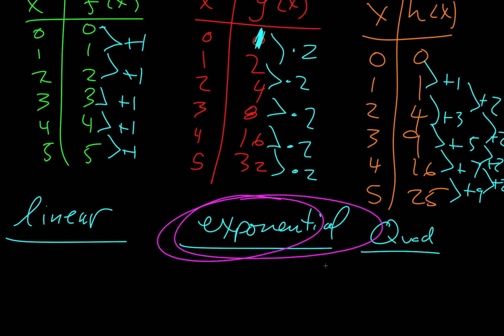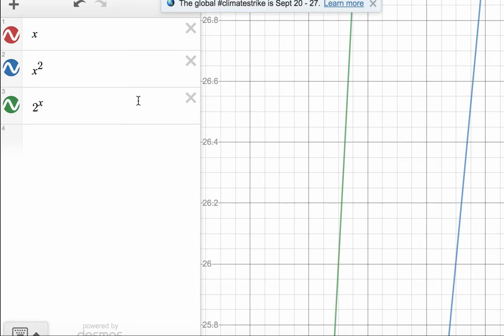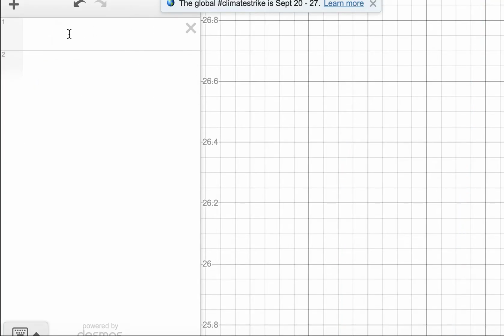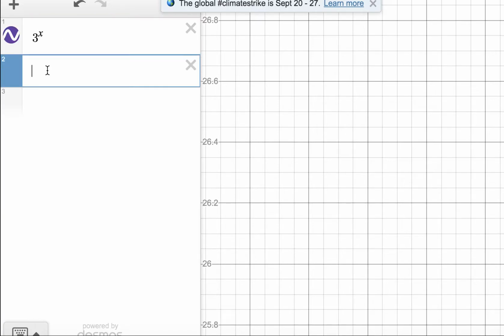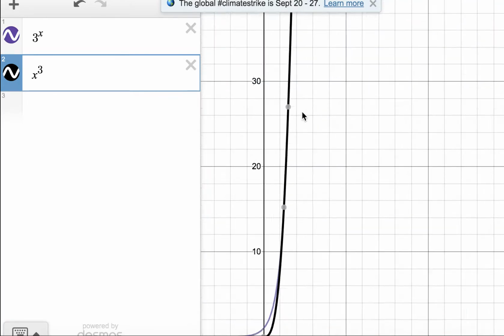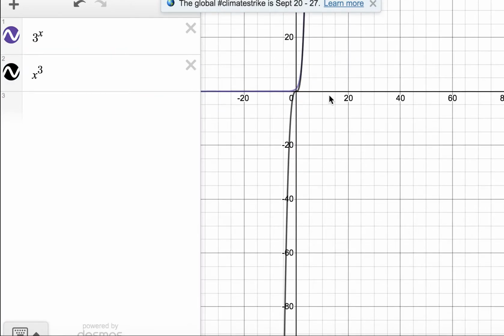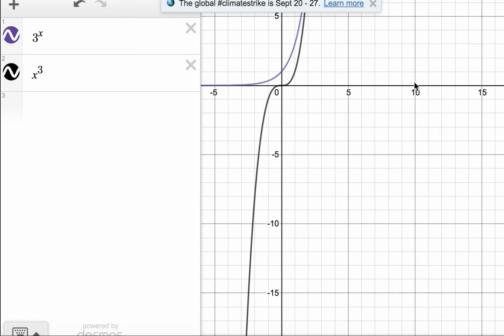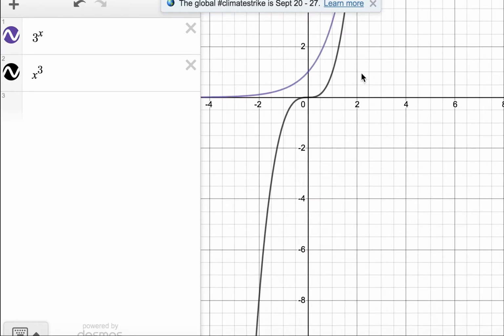Okay? Now, we're going to do an example problem where we graph 3 to the x as well as x cubed, and zoom out, zoom in a little bit.